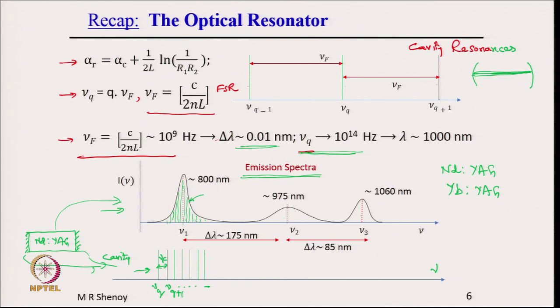Because lasing will take place at one transition, let us say 800 or 1060 in the case of Nd:YAG. Then in one atomic transition there will be a large number of resonances of the cavity if we place this inside the cavity.